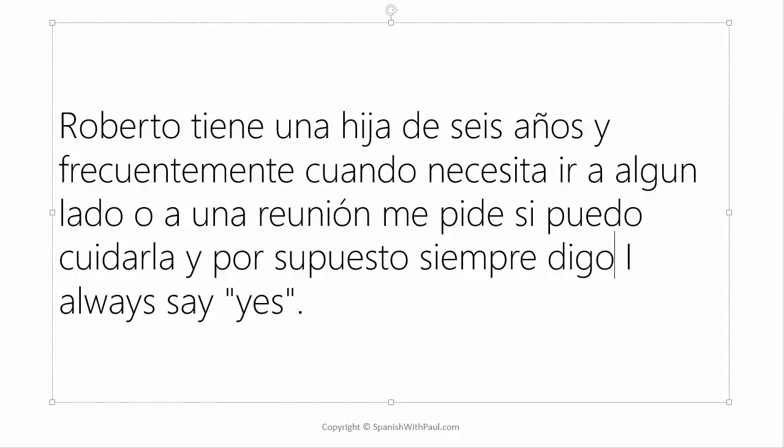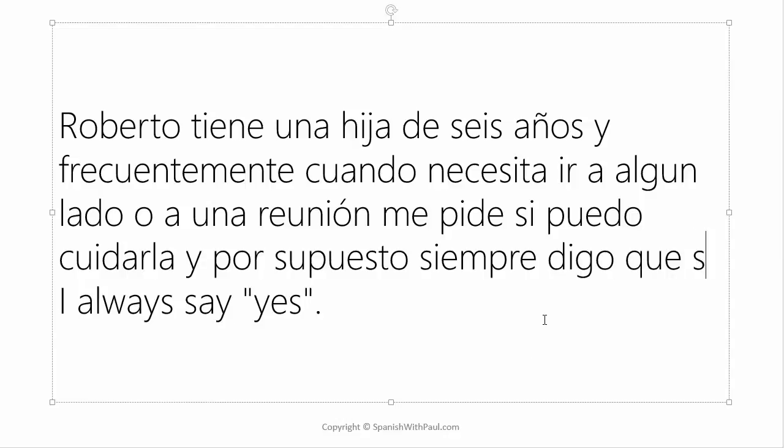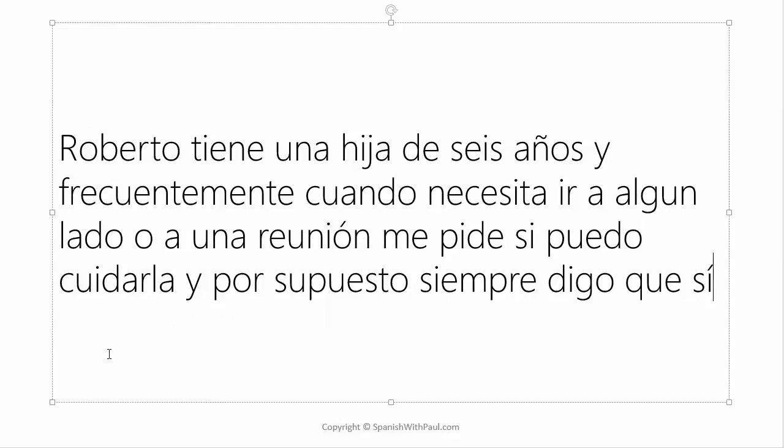And then they wouldn't say si, it's que si. Que si. Or I always say yes. So, si puedo cuidarla y por supuesto, siempre digo que sí. You just learn that that sounds most natural. Always, so it wouldn't be siempre digo sí, siempre digo que sí.